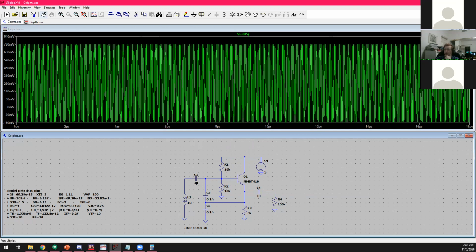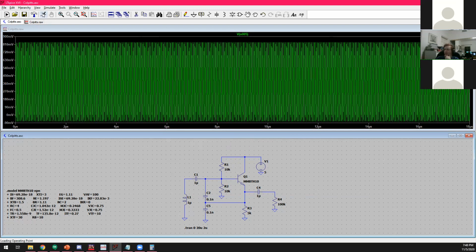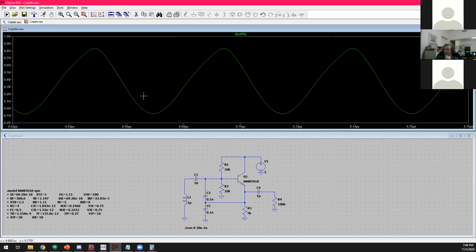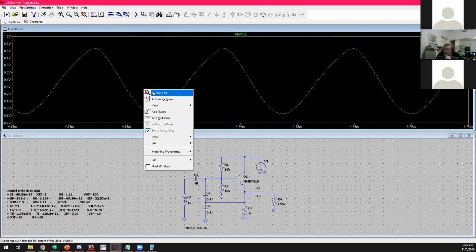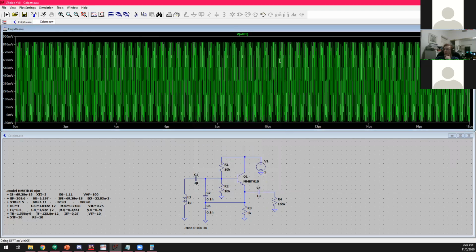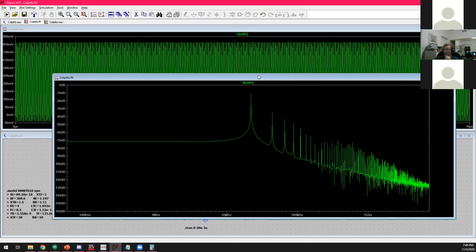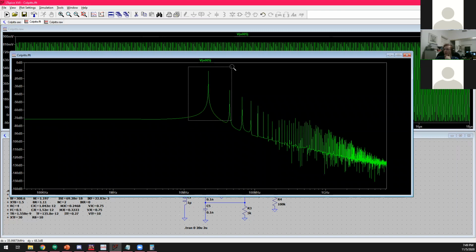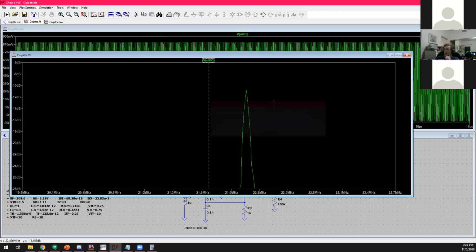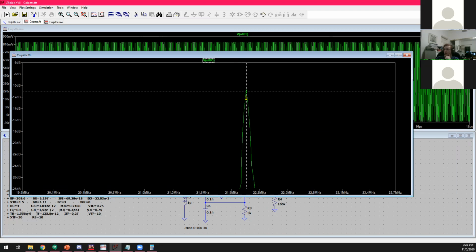And now let me rerun this. We still get oscillation, and it still looks roughly sinusoidal. And I'll do the same Fourier transform trick. I'll zoom in here, plop down a cursor, and find out where that stupid window went.